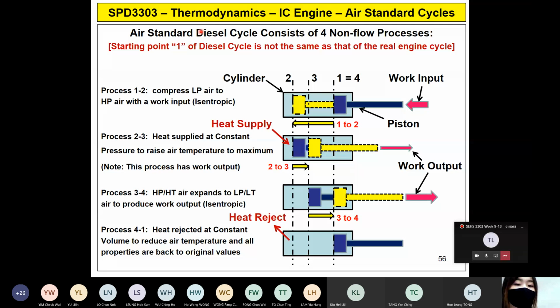Like the air standard Otto cycle, you should draw the PV diagram directly whenever you see this word.